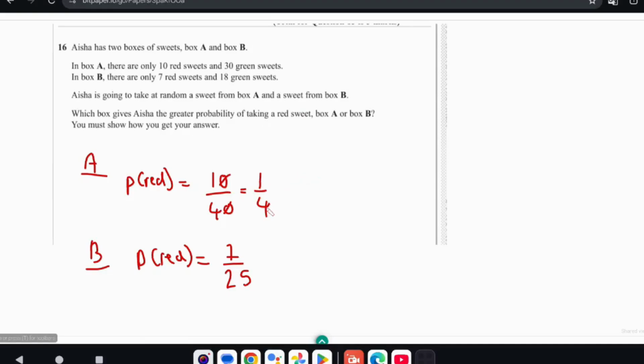So on your calculator, to turn this into a decimal, first of all, we just do 1 divided by 4. That line means divide. And to change a decimal to a percentage, we times it by 100.